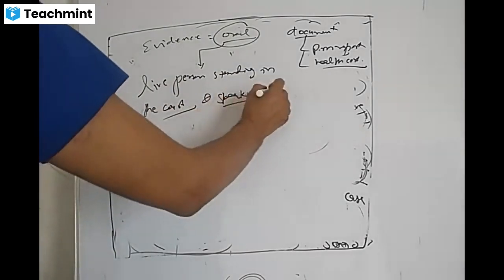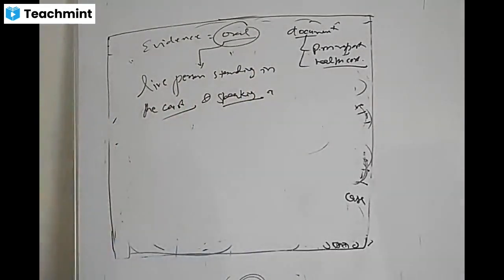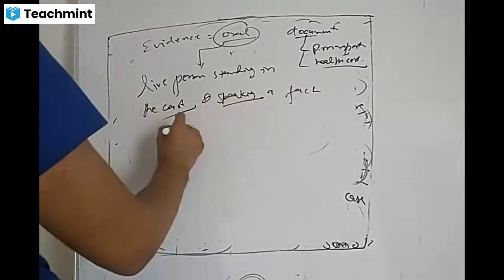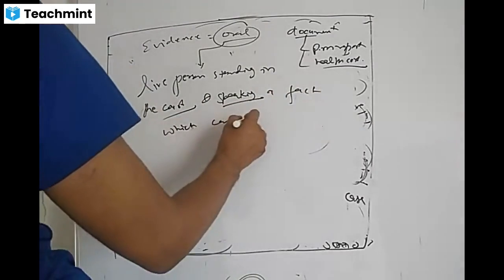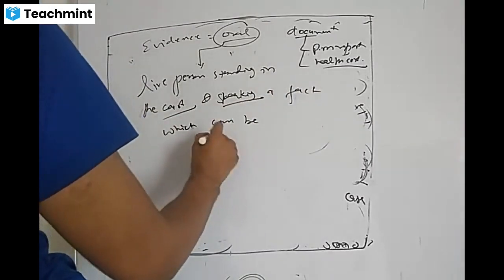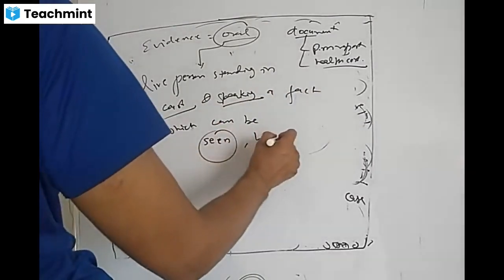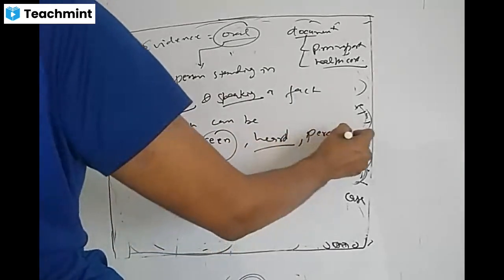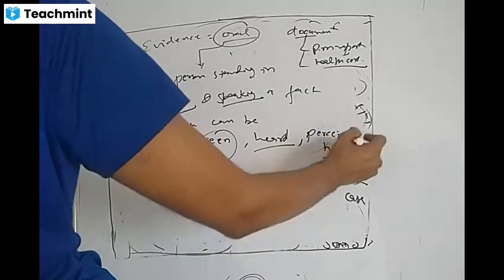What is he speaking? He is speaking about a fact which can be seen, heard, or perceived by him.